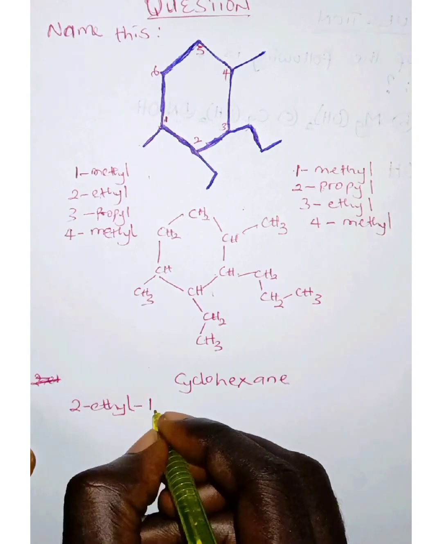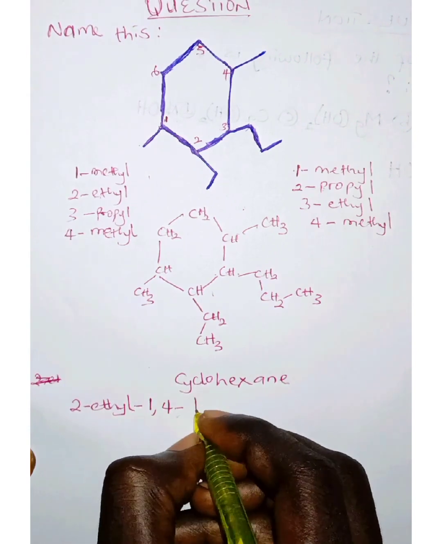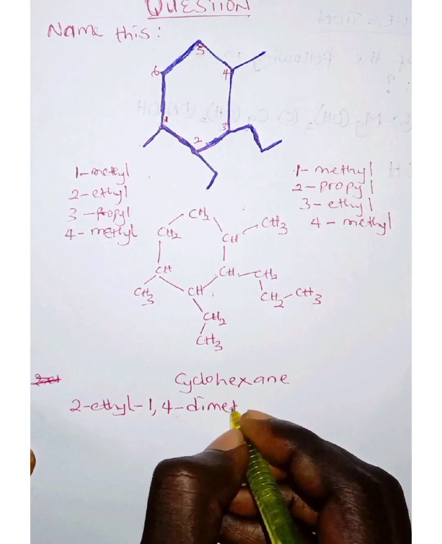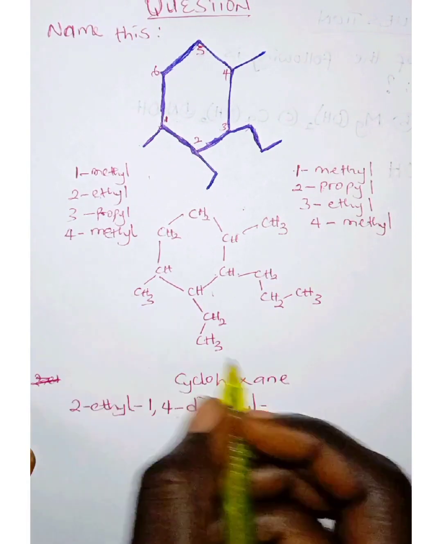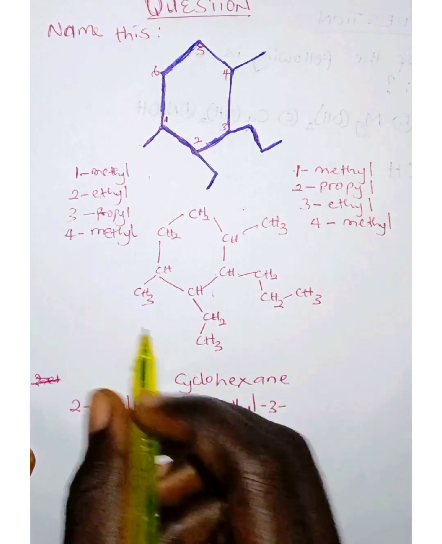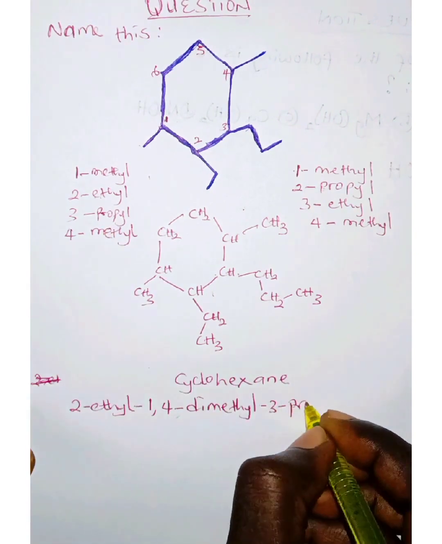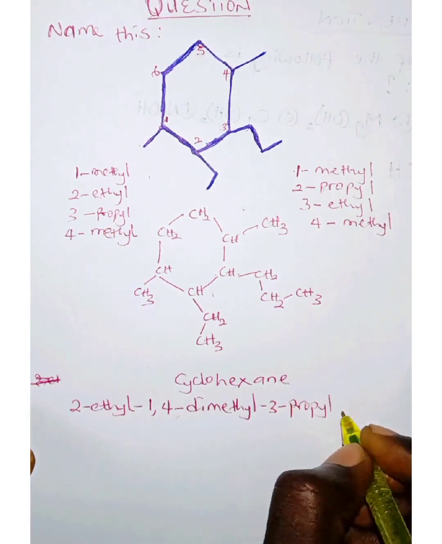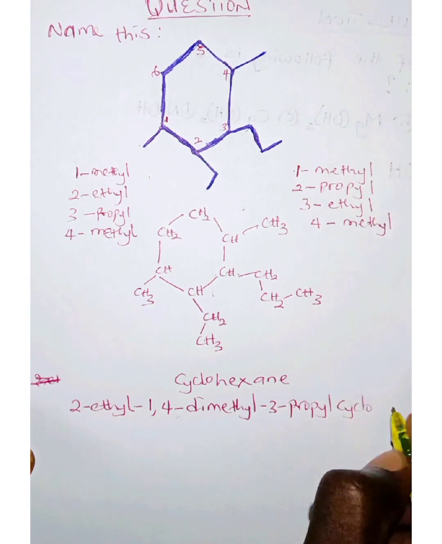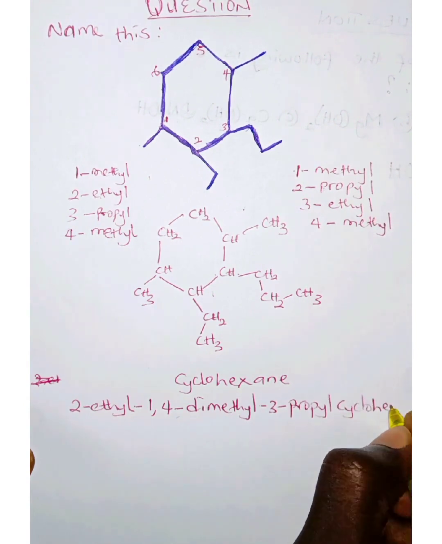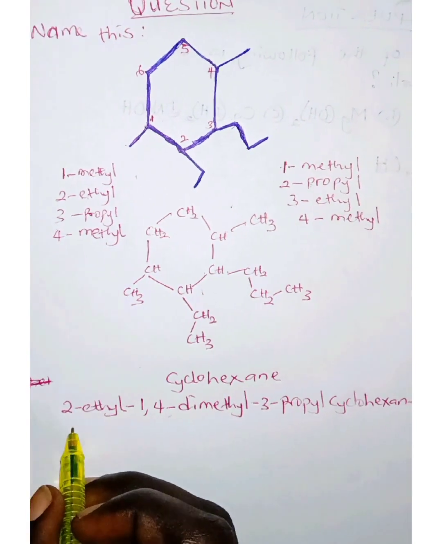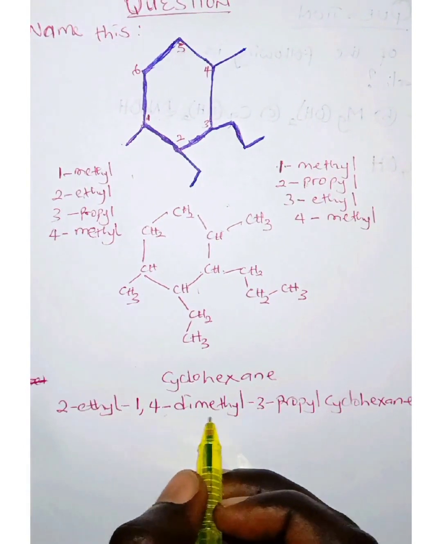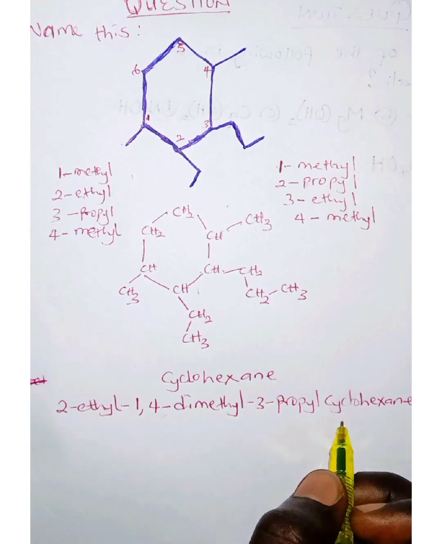So we have 1,4-dimethyl, and then 3-propyl, then cyclohexane. So the name of this compound is 2-ethyl-1,4-dimethyl-3-propylcyclohexane.